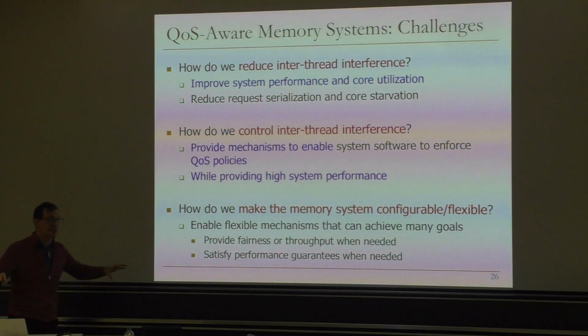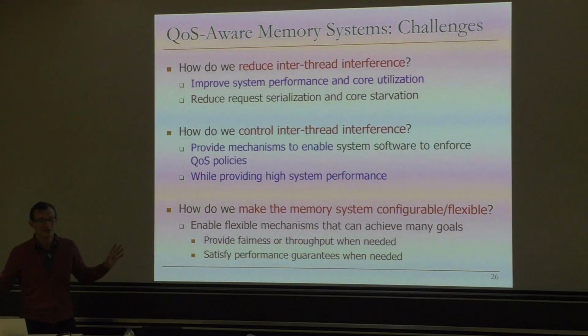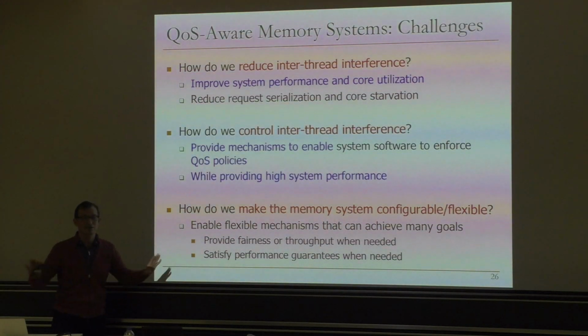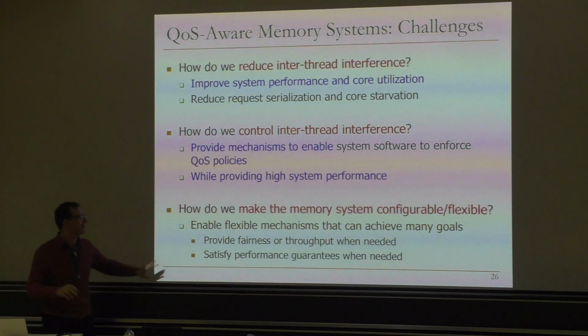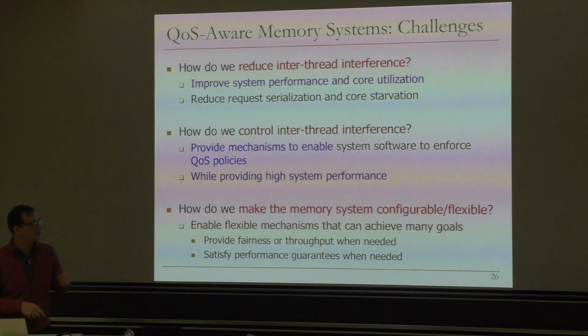Sometimes you want multiple sets of threads to be prioritized. Sometimes you don't care at all, right? Because somehow the application is really occupying the cores, and you don't want any fairness policy, right? Because it so happens that it works. So that requires some configurability and flexibility, and that makes the system even more complicated. I think all of these really are required for a quality of service aware memory system.